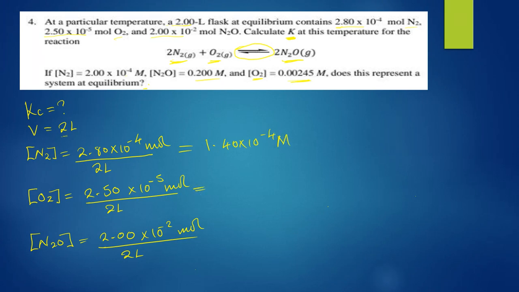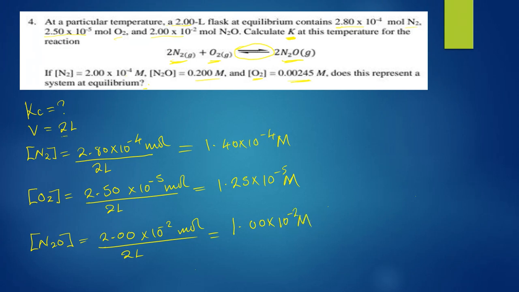For oxygen, when you divide on your calculator, you get 1.25 times 10 to the power negative 5. And on the last part, for nitrogen oxide, you get 1.00 times 10 to the power negative 2, in molarity.